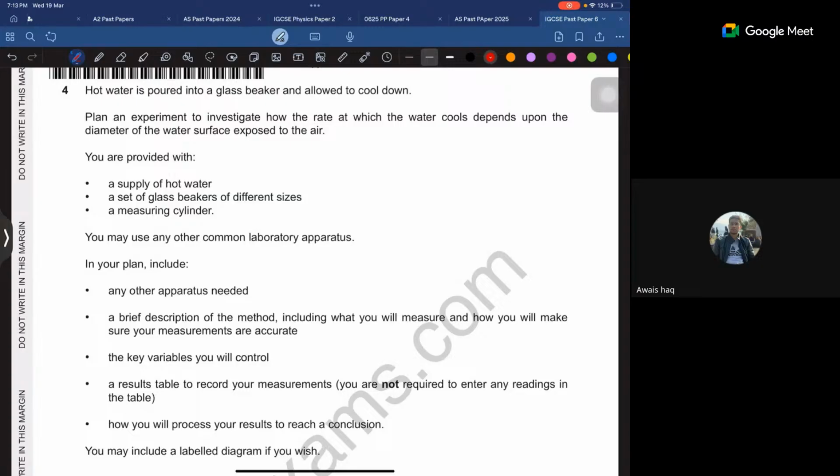Hot water is poured into a glass and allowed to cool down. Okay. Plan an experiment to investigate how the rate at which the water cools depends on the diameter of the water surface exposed to air. Right. So you have hot water supply, a set of different sized beakers and a measuring cylinder to, I think, measure the amount of water.